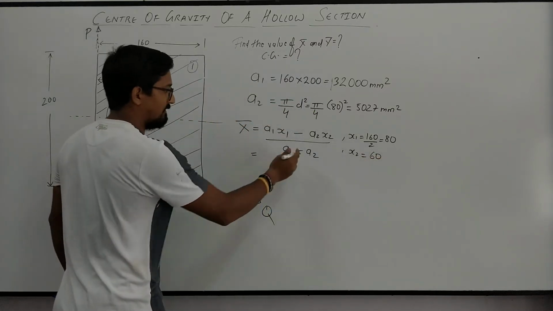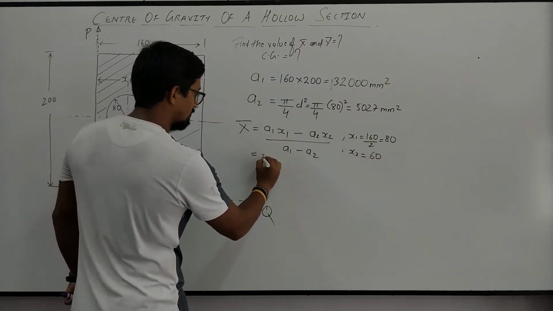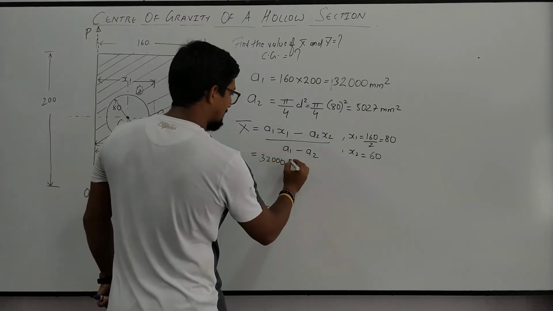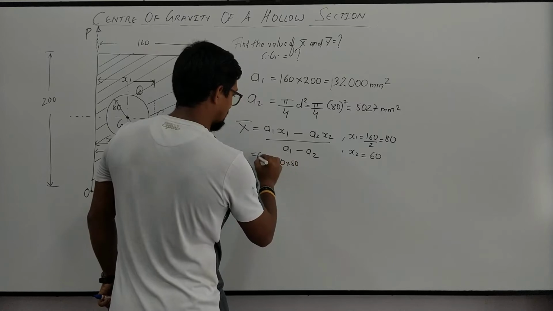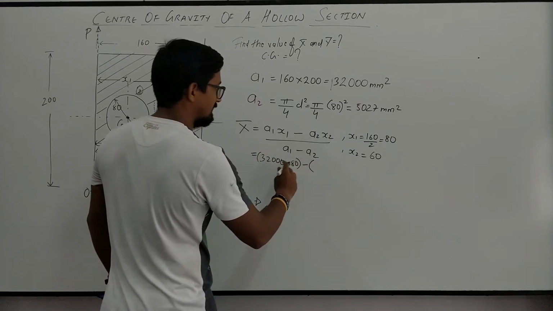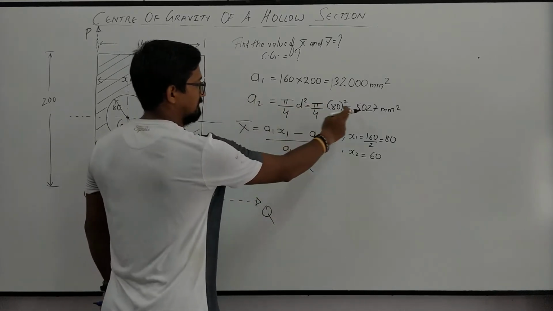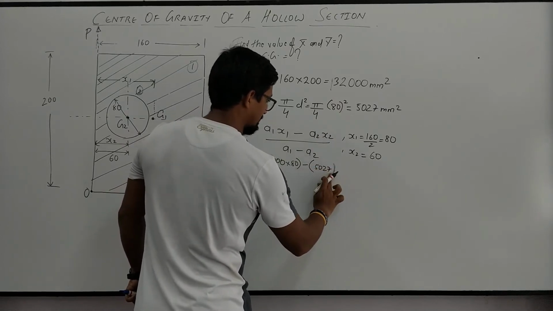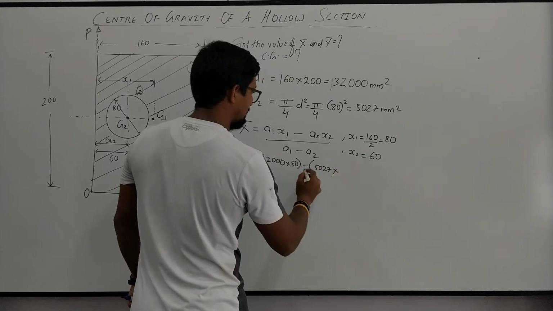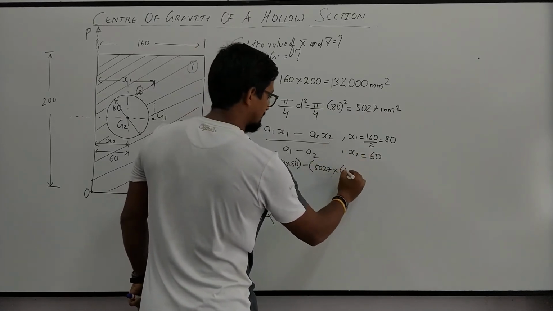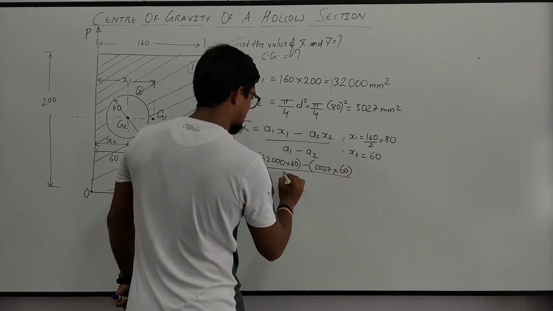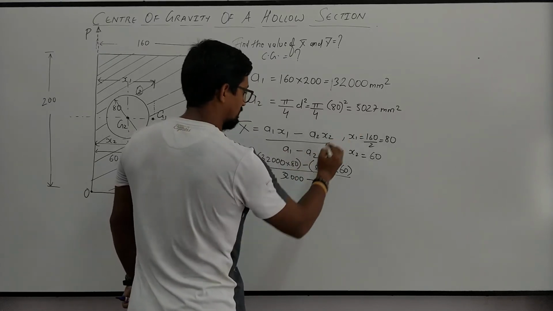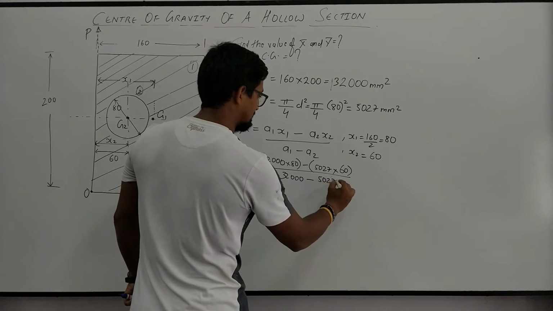So if I put every value here: A1 x1, 80, minus A2, 5027, into x2, 60, divided by A1 minus A2, 5027.